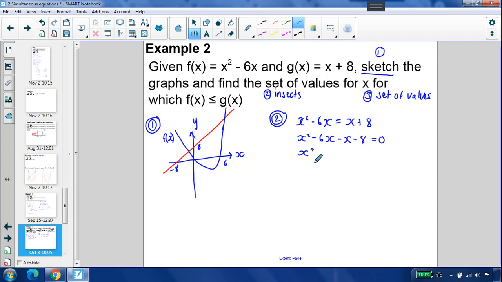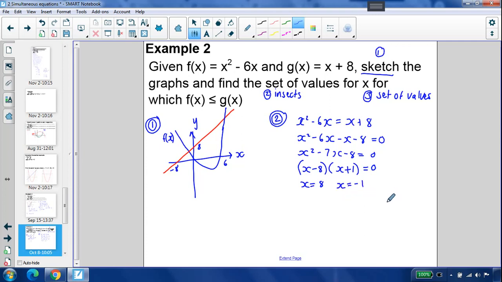Let's collect those x terms together. And now I'm going to factorise. So I'll have x minus 8 in one bracket, and x plus 1 in another bracket. So x is equal to 8, or x is equal to minus 1.